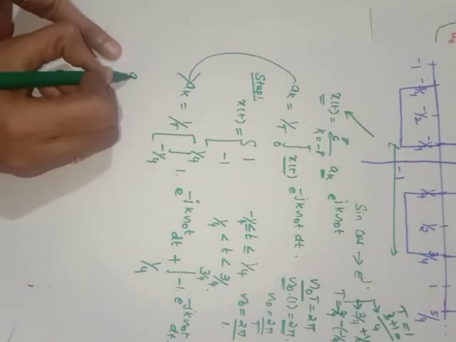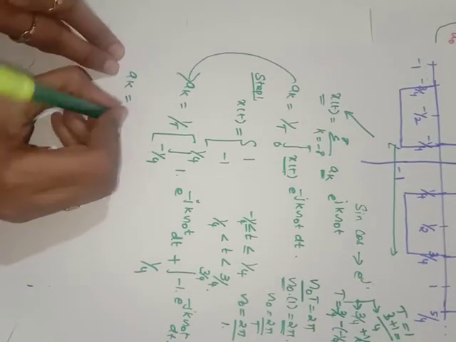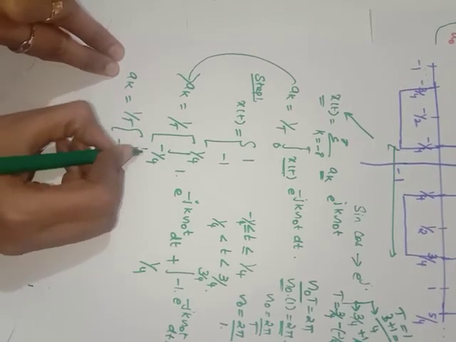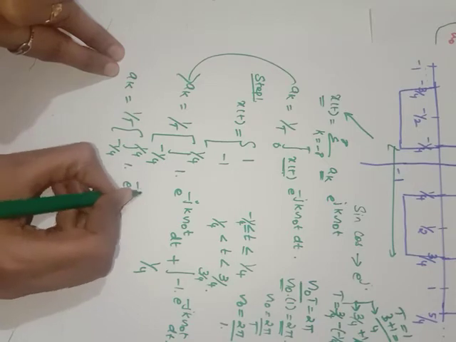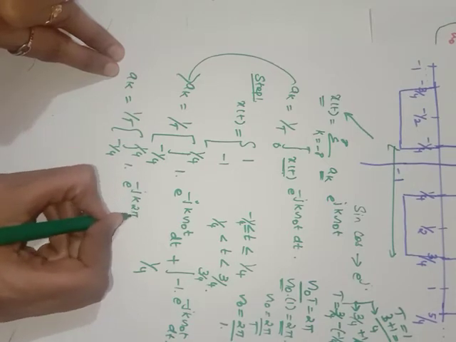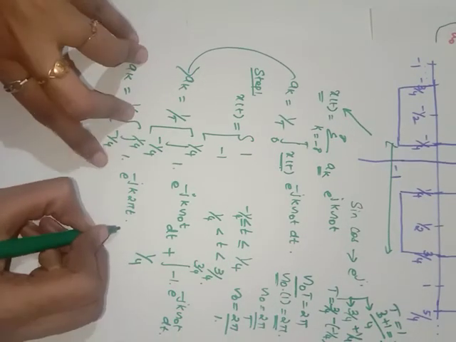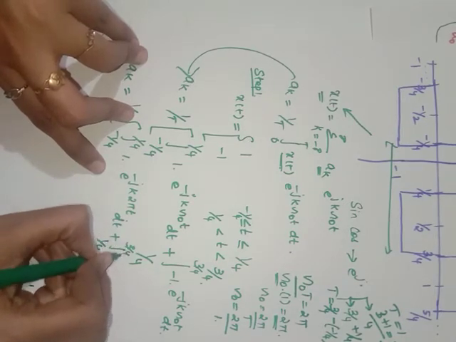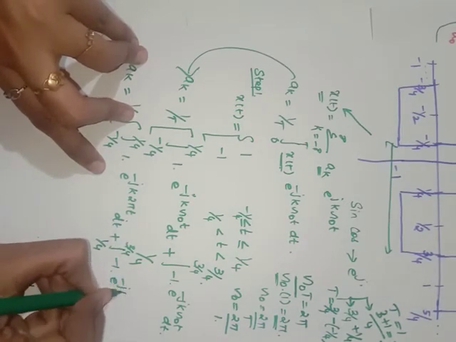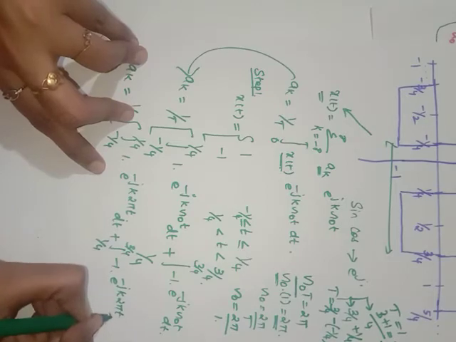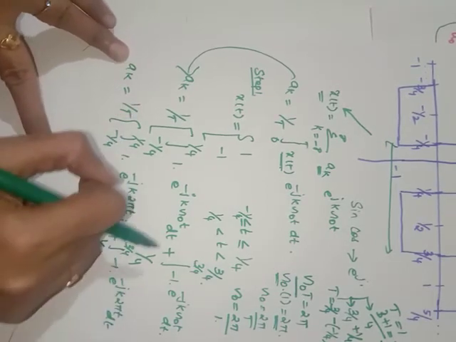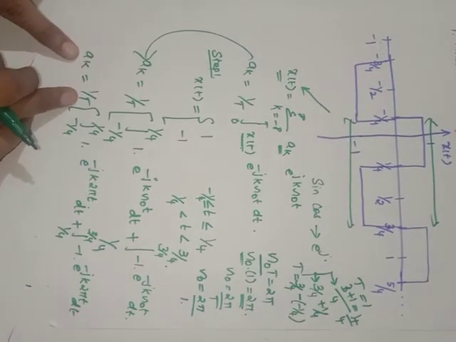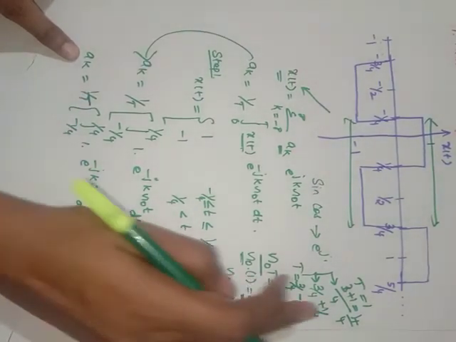In this equation, a_k equals 1/T times the integral from -1/4 to 1/4 of 1 e^(-jk2πt) dt plus the integral from 1/4 to 3/4 of -1 e^(-jk2πt) dt. Next I am going to integrate this. Similarly, for T you substitute 1 because the time period T equals 1.